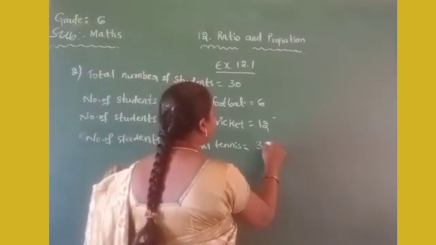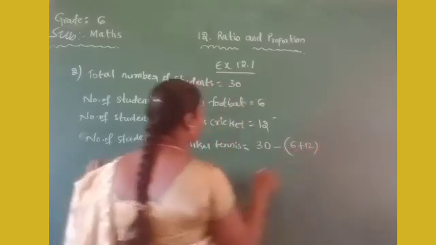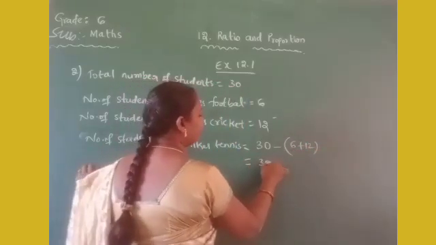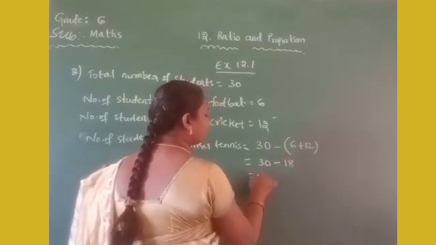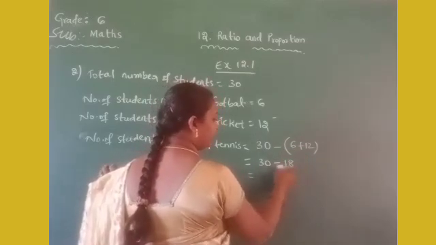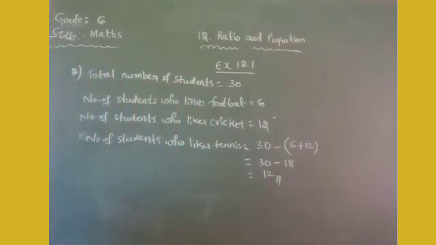From the total of 30 students, subtract those who like football and cricket. Then you will get 30 minus (6 plus 12) is equal to 30 minus 18. How much? 12 students like tennis.